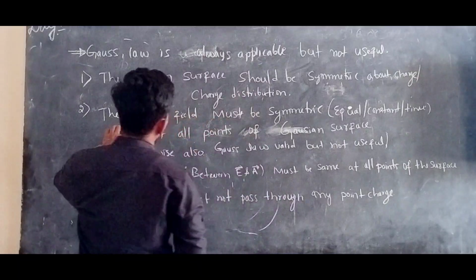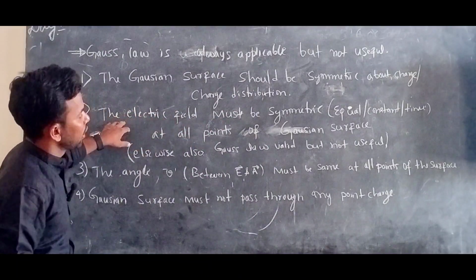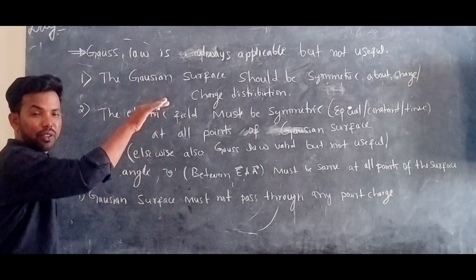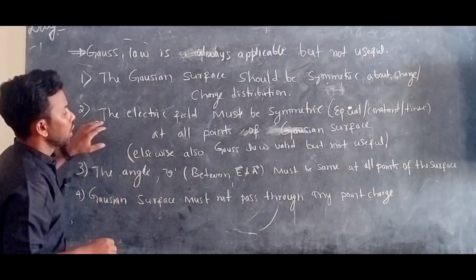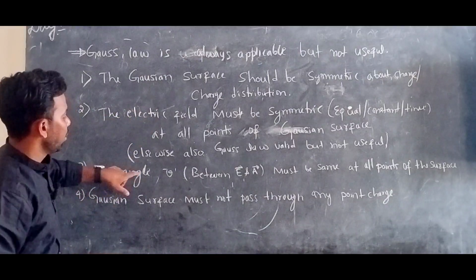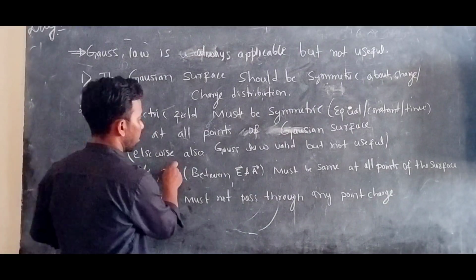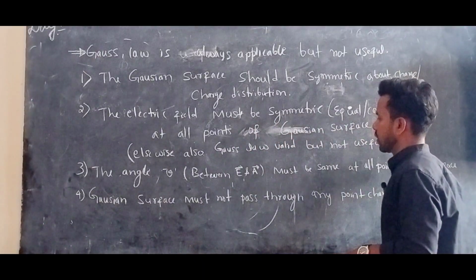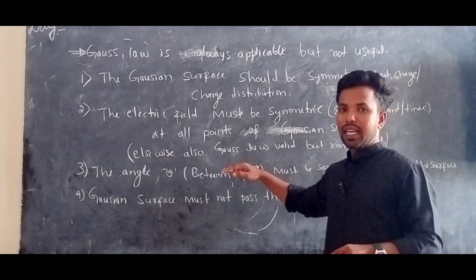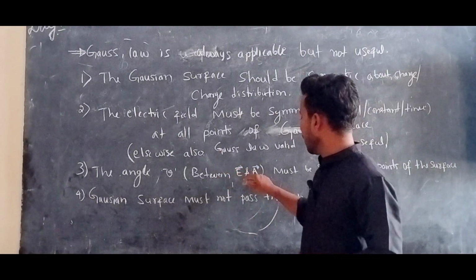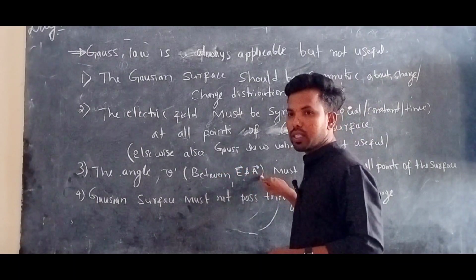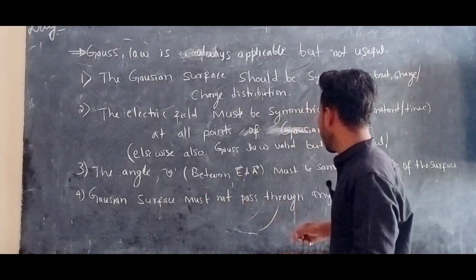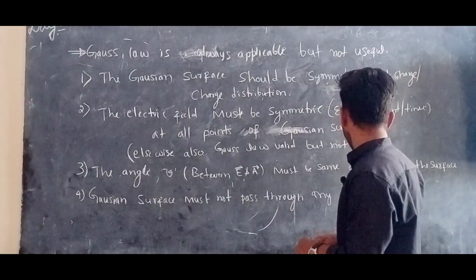First point, the electric field must be symmetric. The electric field should be the same at all points, and the angle theta must be the same at all points of the surface. The angle we measure is between E and A. The Gaussian surface must not pass through any point charge.